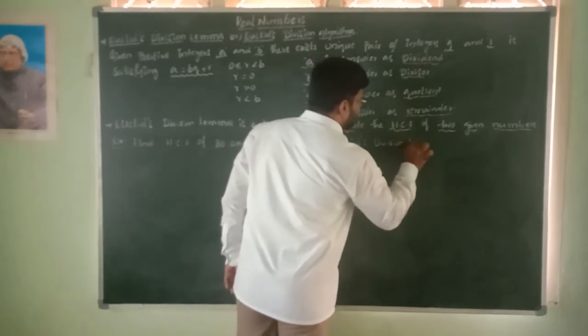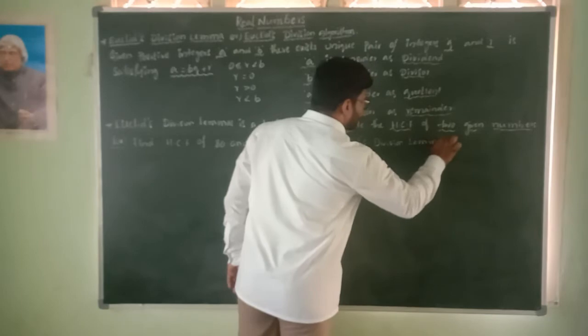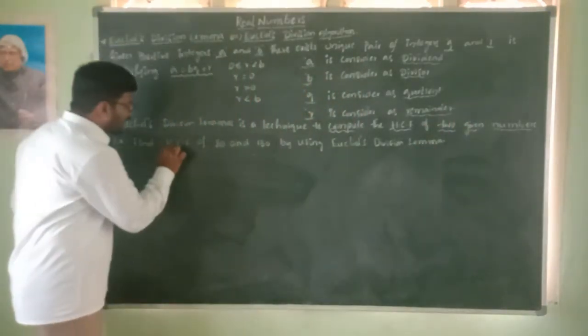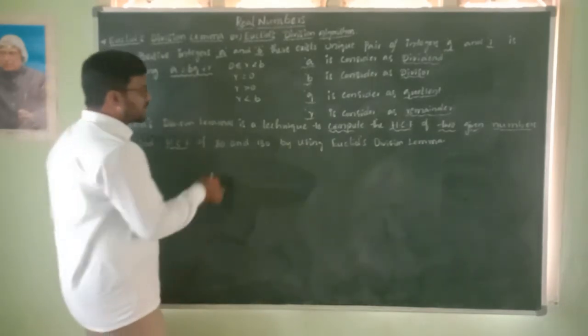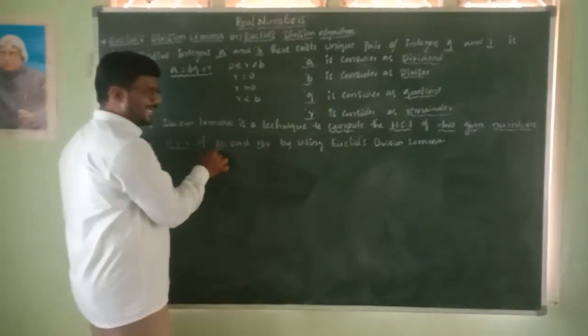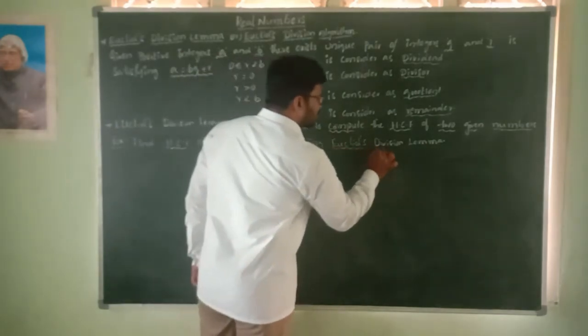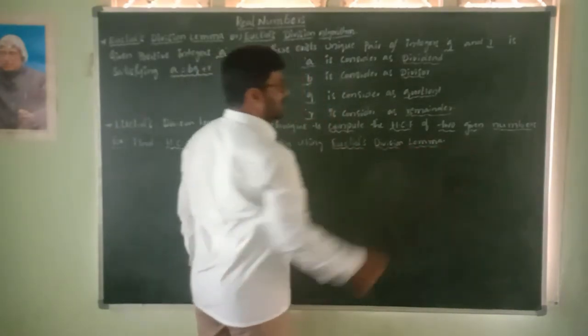Find the HCF of the two given numbers, namely 80 and 130, by using Euclid's division lemma.